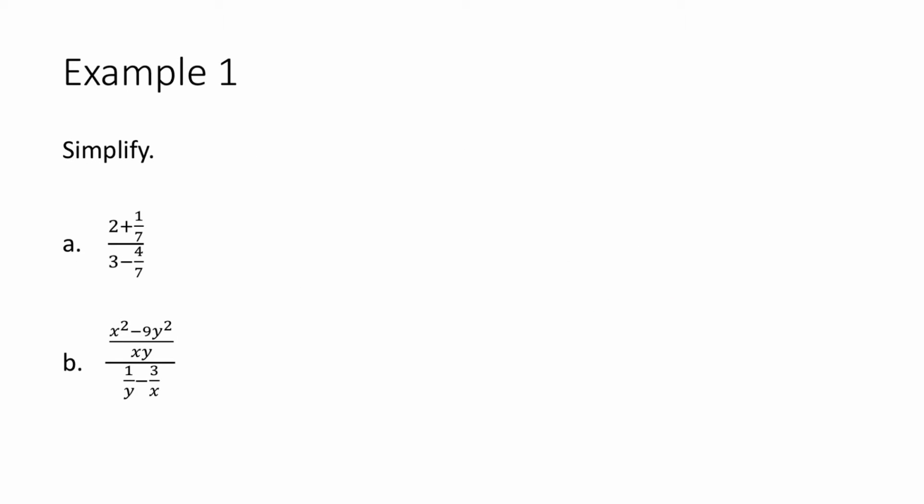In example 1, part A, I have 2 plus 1 over 7, over 3 minus 4 over 7. So 2 plus 1 over 7, I can make that into 14 over 7 plus 1 over 7, just getting common denominators.